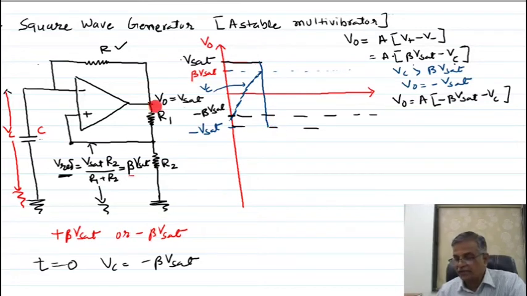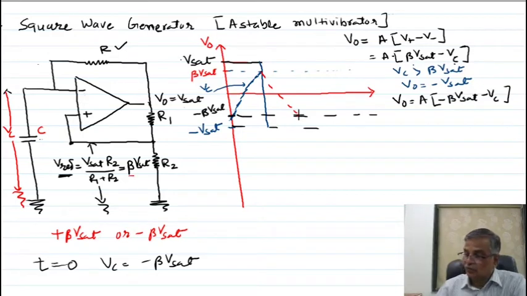As the output becomes negative, my reference voltage will be negative, so I would write minus beta V set here. So the capacitor starts discharging from plus beta V set toward minus.